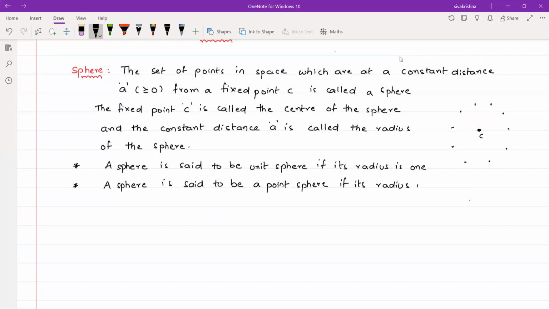If its radius is 0, it means this is the point sphere. So we are not having radius, we just call that a point as a point sphere. Okay, whenever the radius is 0, we call that sphere as a point sphere. Okay, right.